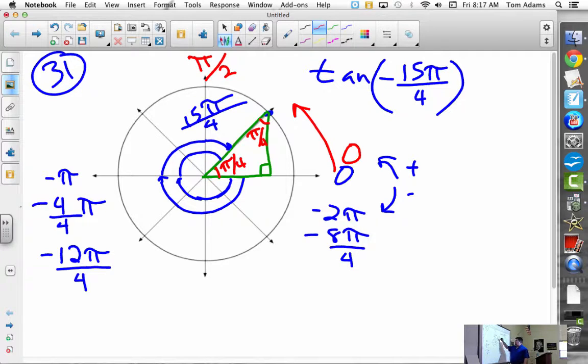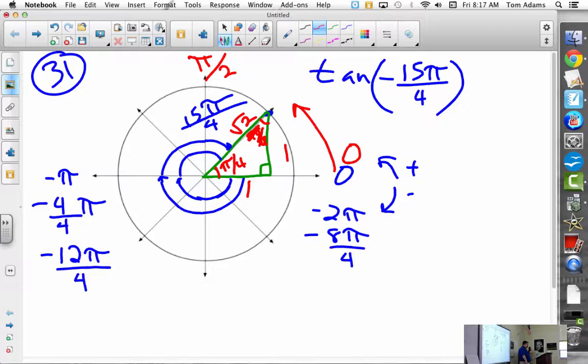If I have two angles that are the same, that's an isosceles triangle. What do we know about that triangle? We're going to have two sides that are the same. So this is our 1, 1, square root of 2 triangle, where the square root of 2 is the hypotenuse.